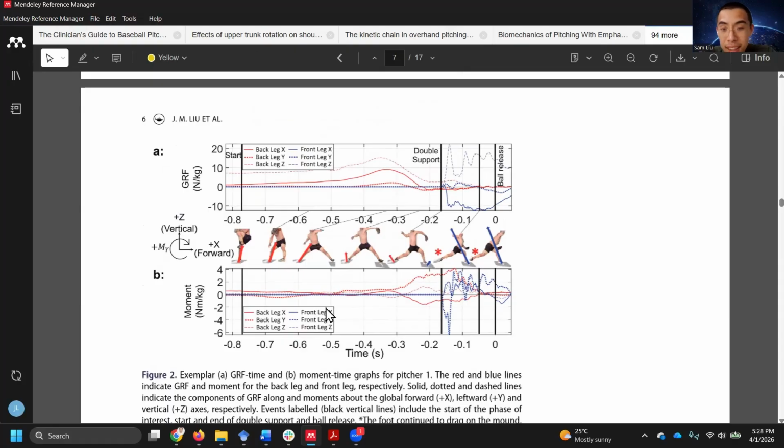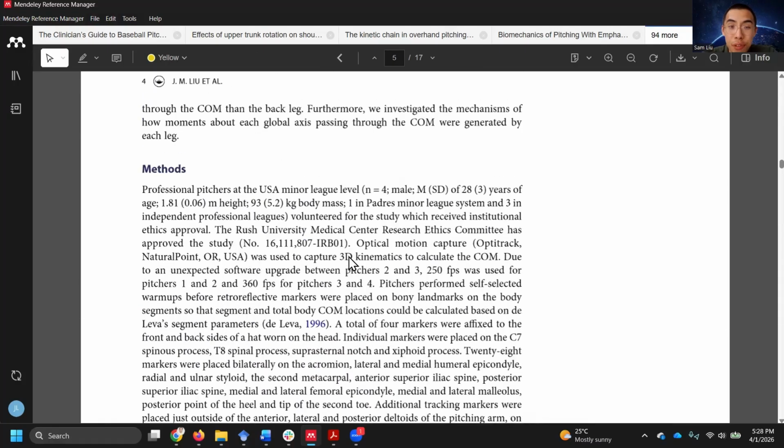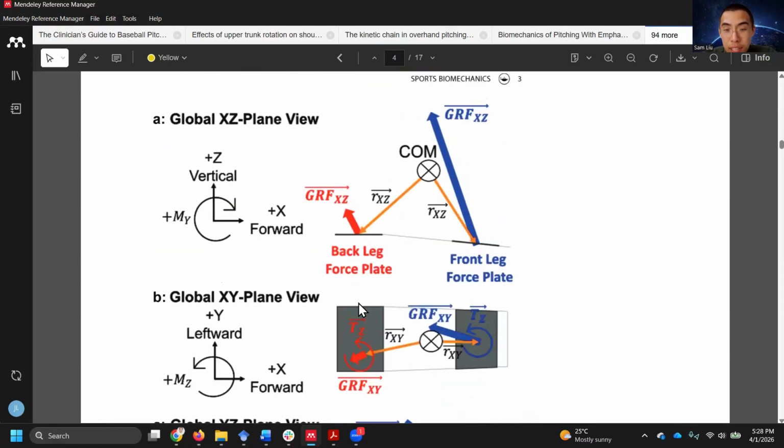We have the back leg generating a fairly large amount, and that happens when the forward propulsive force from the back leg has dropped. That's because, according to the vector algebra, when your ground reaction force is directed very closely straight to your body center of mass, it's not going to create as big of a moment.